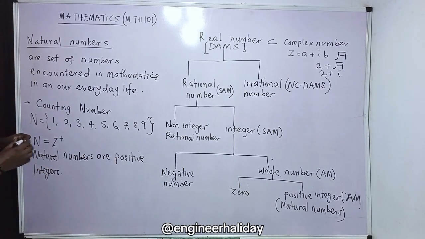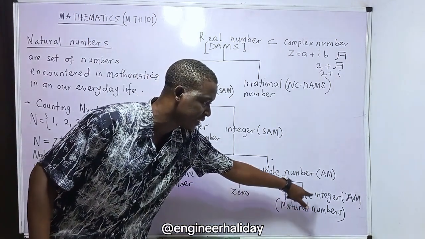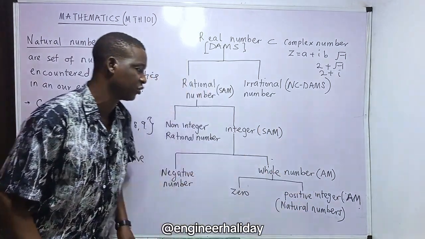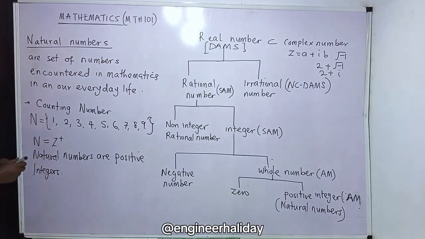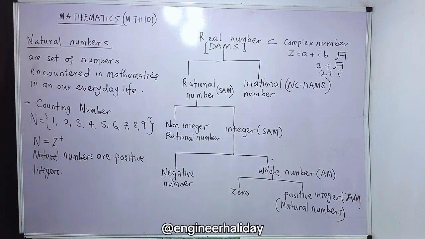What I mean by that is that they are equal. If you check this chart, notice that I said positive integers are also natural numbers. All these numbers are positive. Then natural numbers are not whole numbers.